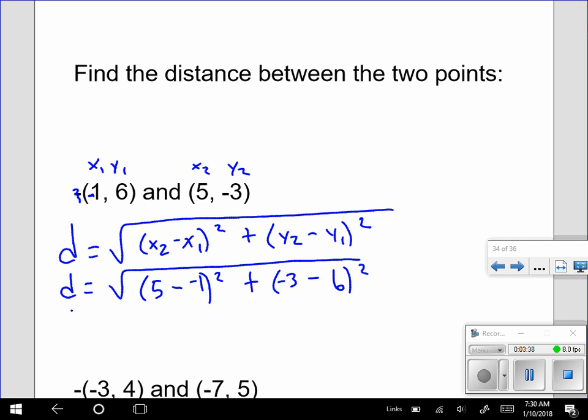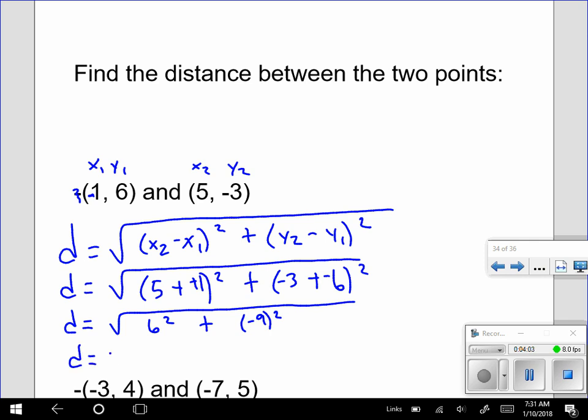We just need to use our order of operations to solve. So my order of operations under the radical tells me to do my parentheses first. So I have keep, change, change. So I would have 6 squared plus, and then keep, change, change, -9 squared. So I just did what was in parentheses.